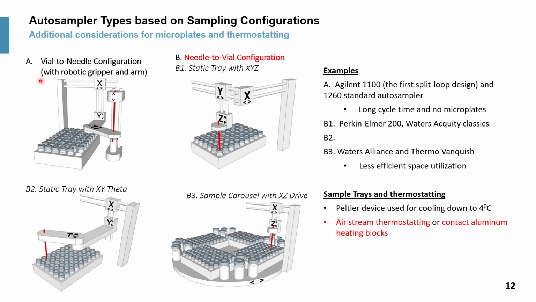One of the early designs is called the needle vial to needle configuration, exemplified by the very popular Agilent 1100 for over two or three decades. It is the first split loop design autosampler, renowned for its precision, and used in the 1100, also in some of the standard autosamplers for the 1200.